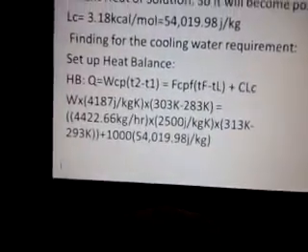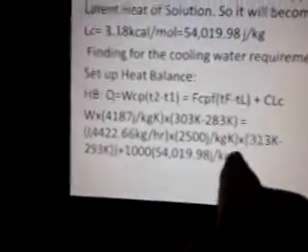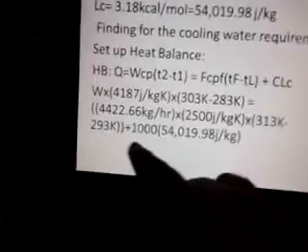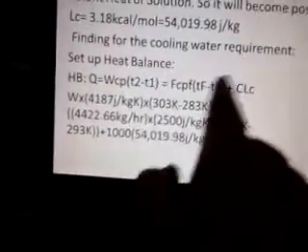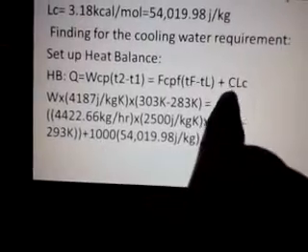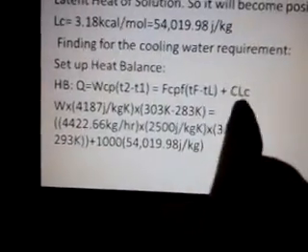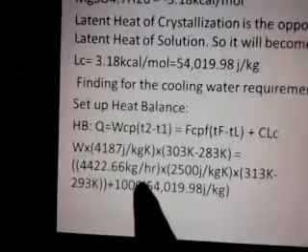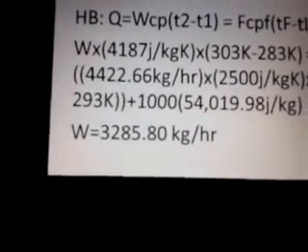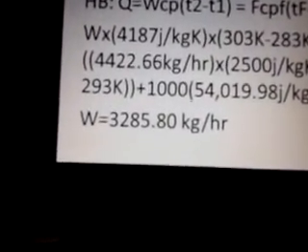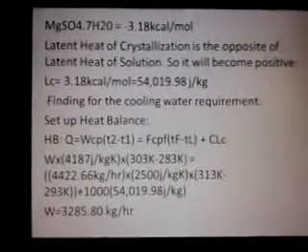Don't forget to change the units. Times 313 minus 293, plus 1,000, which is the crystal, times LC. So we will have the rate of water equal to 3,285.80 kg per hour. So that is the cooling water requirement for this kind of crystallizer.